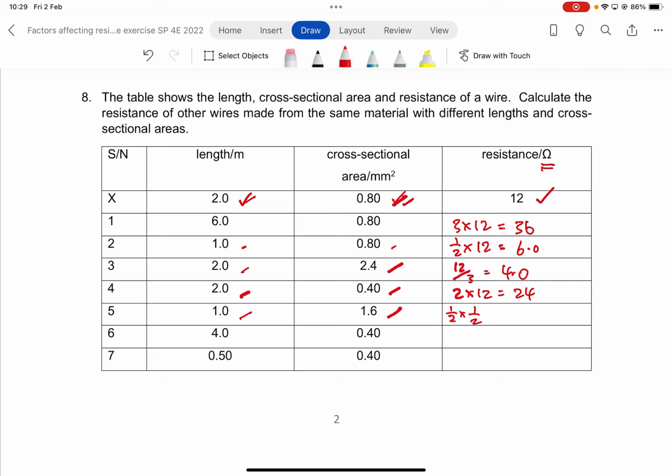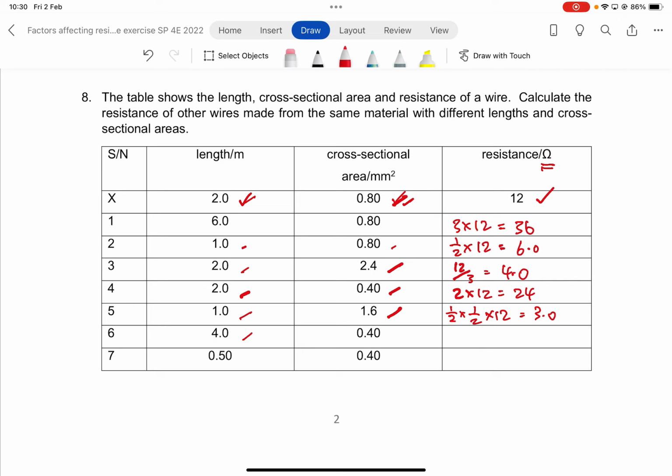Length is half, so you write half here. Then the cross-sectional area is doubled, so 1 over 2 is half. So half times 12 is equal to 3 ohms. How many of you got 3 here? Okay, good.